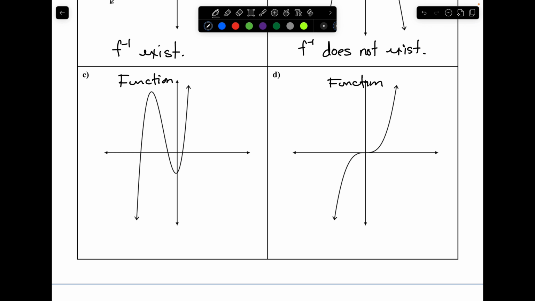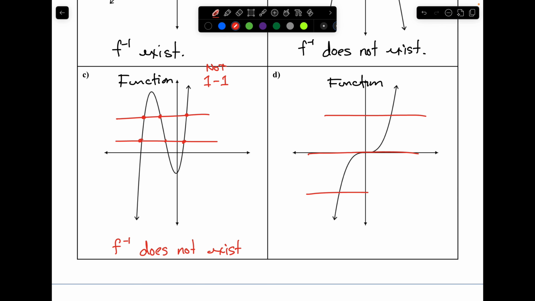Well, using the horizontal line test, we see that this graph intersects this horizontal line, or any other horizontal line, in multiple places. So this is not going to be one-to-one, which again means that the inverse doesn't exist. And here, this is invertible.